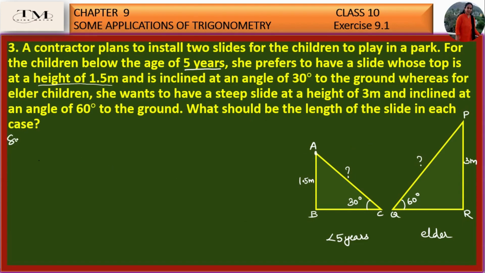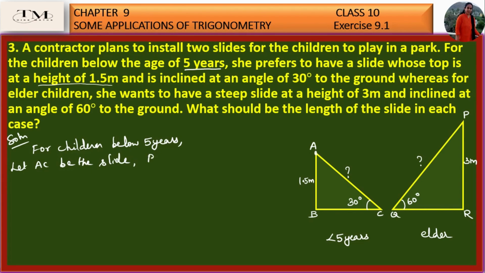So let us assume everything for children below 5 years. First one is children below 5 years. Let AC be the slide. B is a point on the ground.